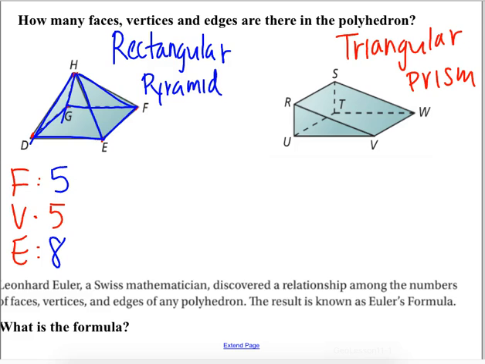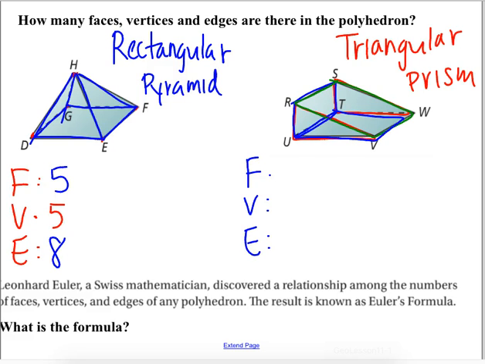So again, let's count out how many faces, vertices, and edges we have. There's a face, and there's another face. Those are my bases, so 2. And then I have 3 walls that make up my sides, and then this bottom one would be 5.